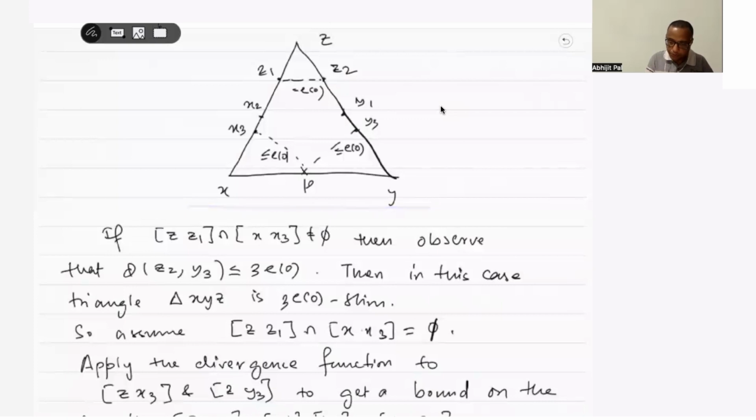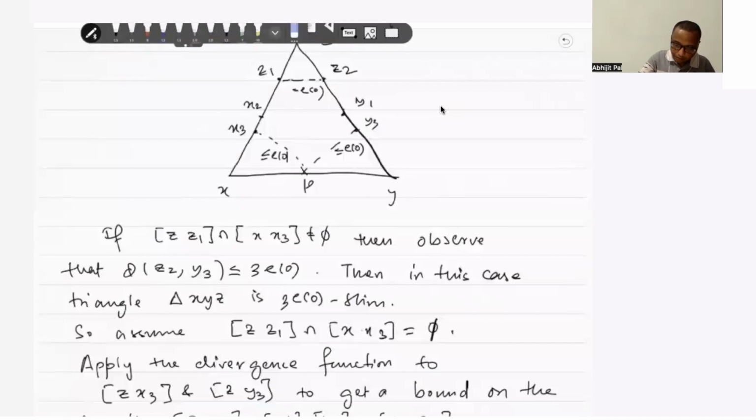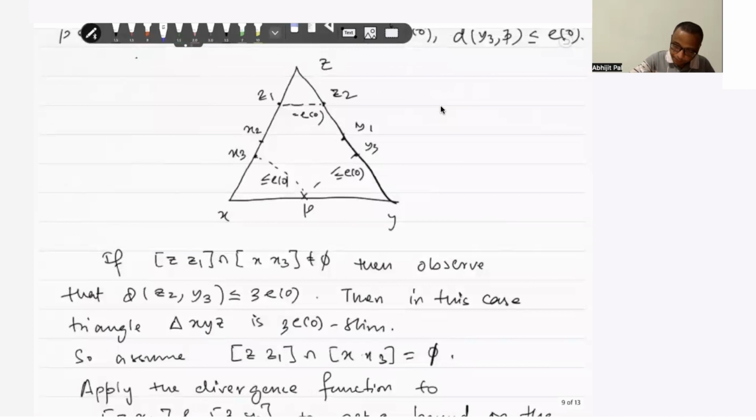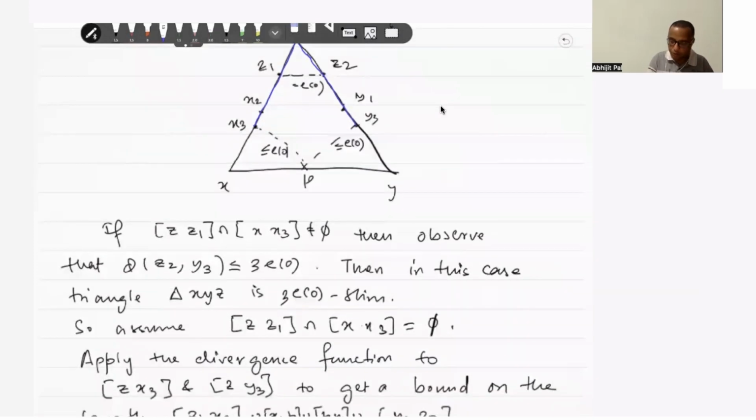So now what you do, you apply the divergence function for these two geodesics.